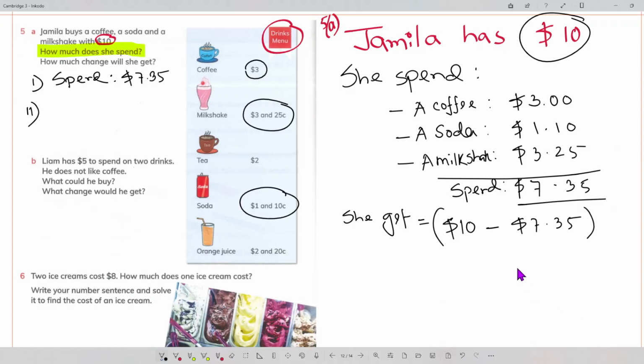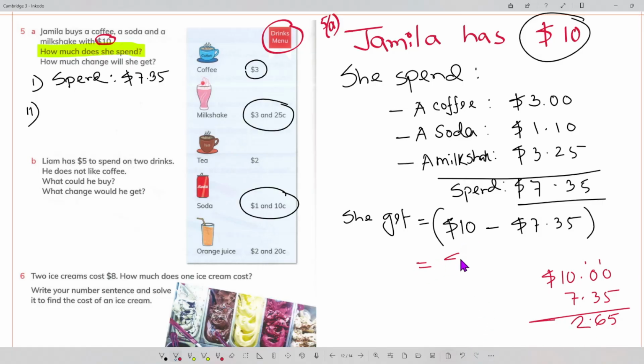If you have any problem finding the answer, you can write $10.00 minus $7.35. So this is 10 minus 5 is 5, carry 1, so this 3 becomes 4, so again 10 minus 4 is 6, then this 7 becomes 8, so 2.